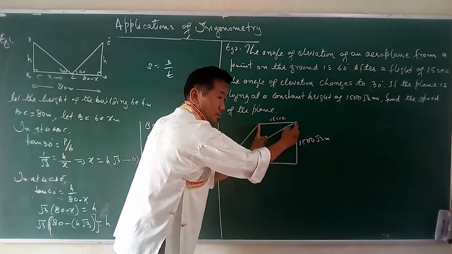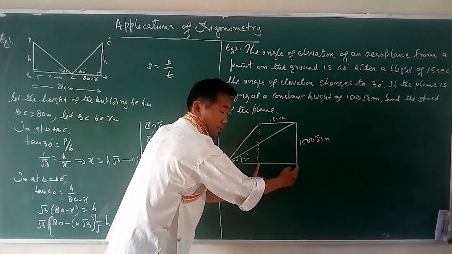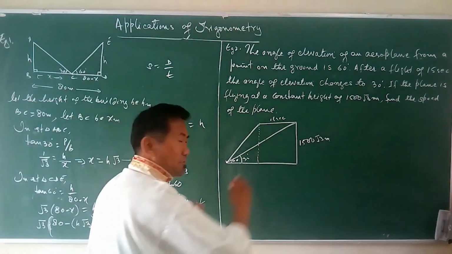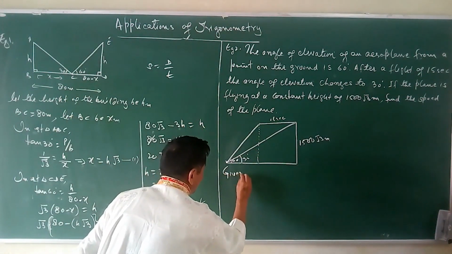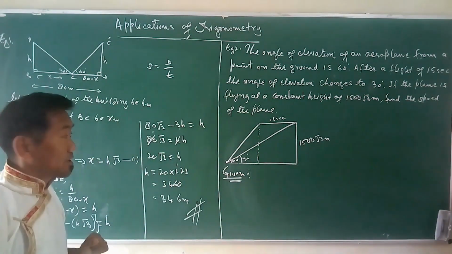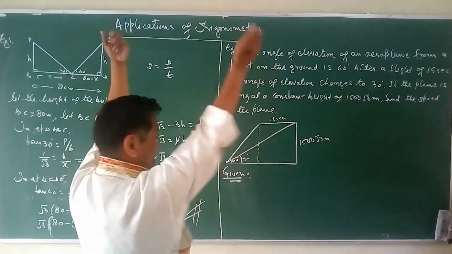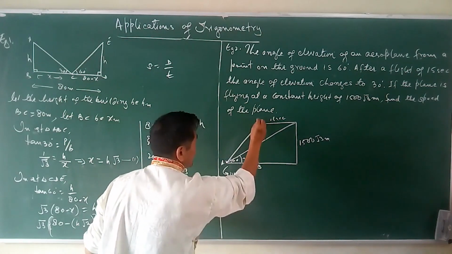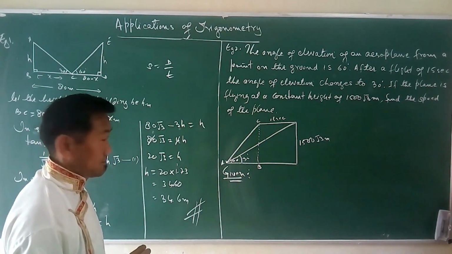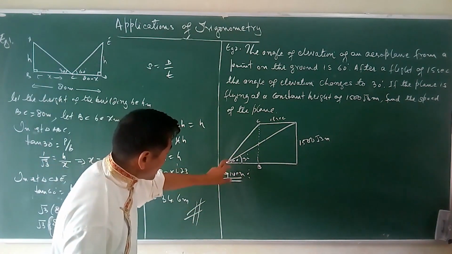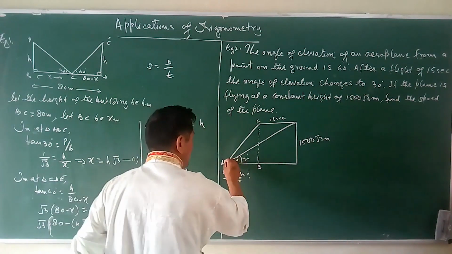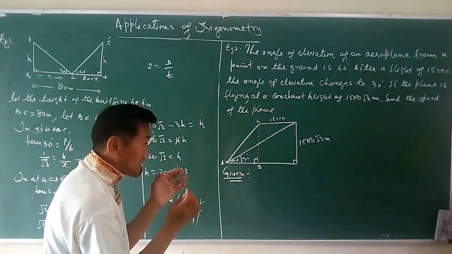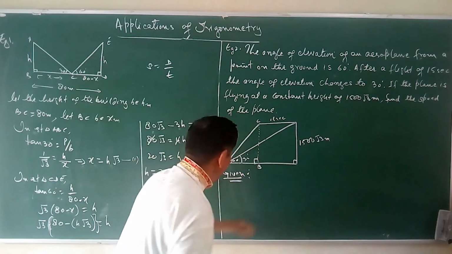Let's look at the triangles. The first triangle is ABC, with a 60 degree angle and a 90 degree angle at the base.